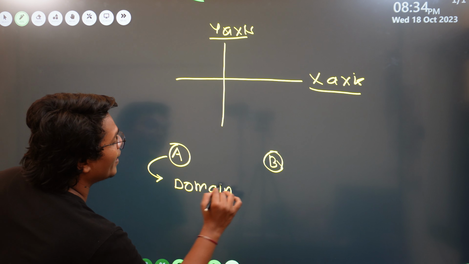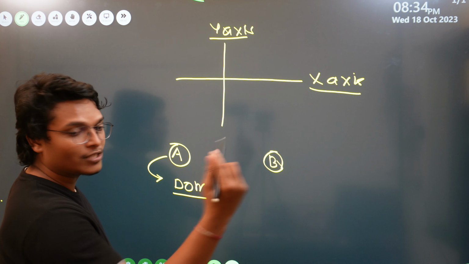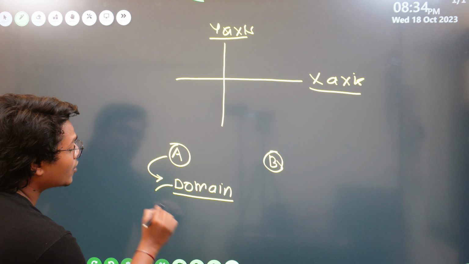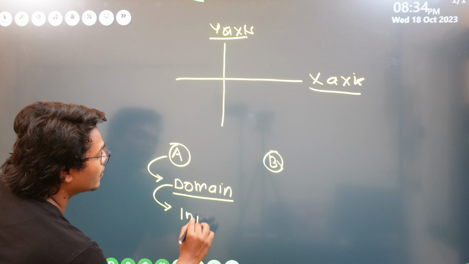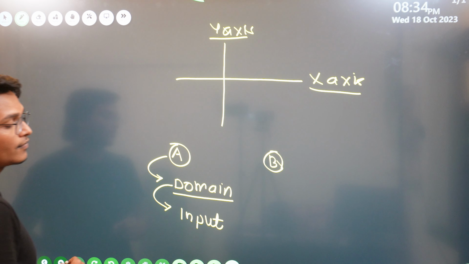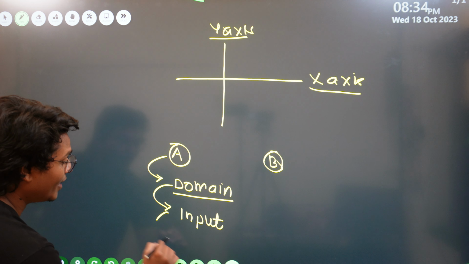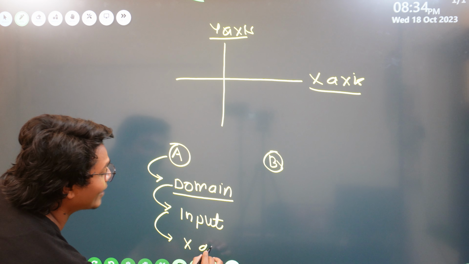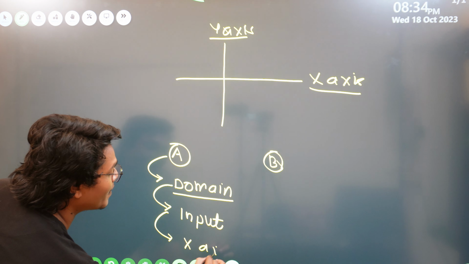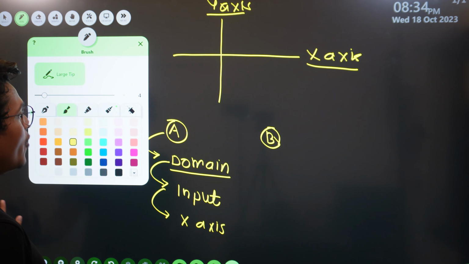What is the meaning of domain? I am going to explain it, just wait a minute. Domain we will call input, and input we always give on the x-axis. Is this point clear?